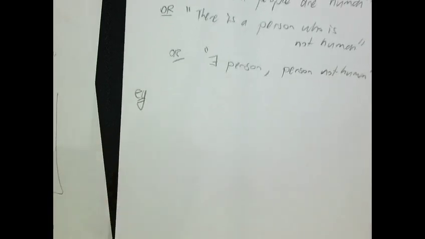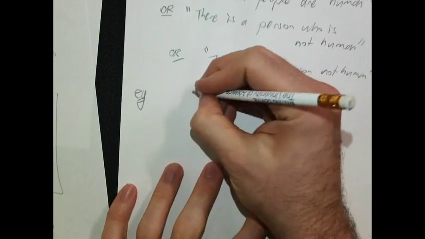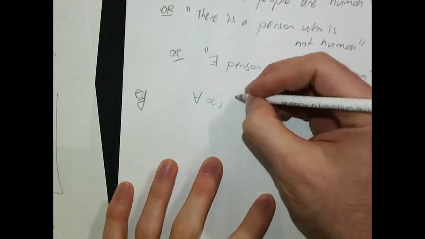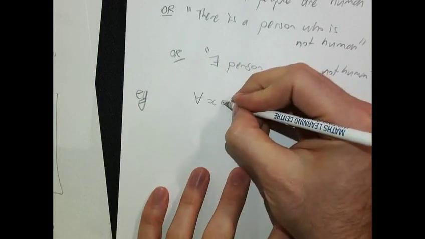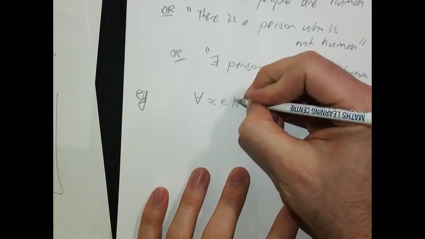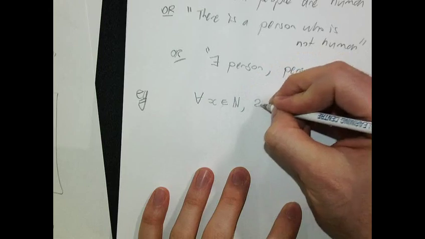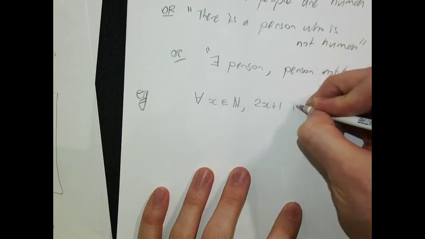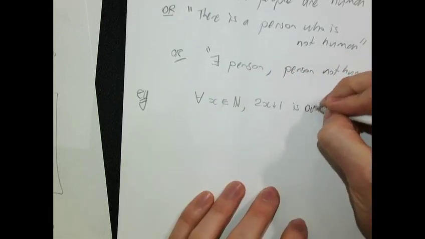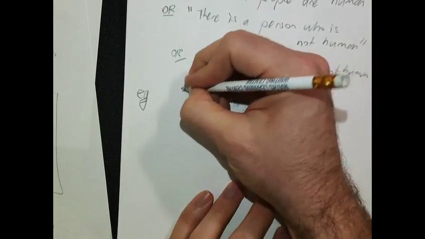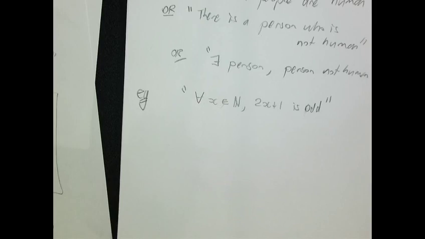So here's the math statement of it. For all x in the natural numbers, 2x plus 1 is odd.